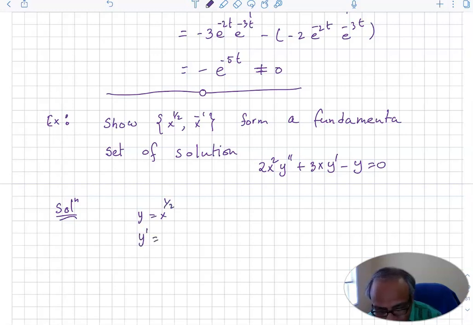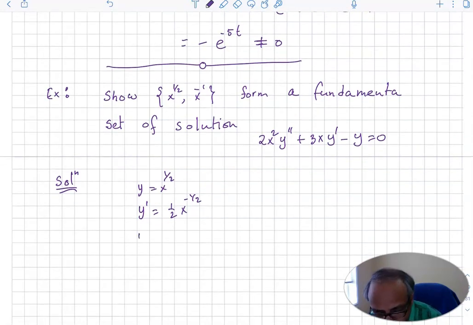So you differentiate: y prime is half x to the power negative half, y double prime is half times negative half x to the power negative 3 over 2.